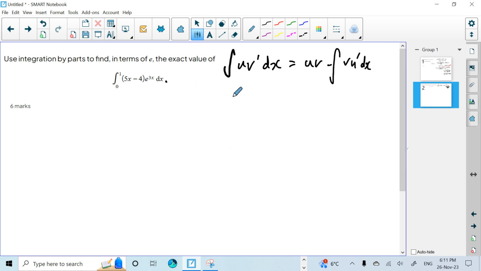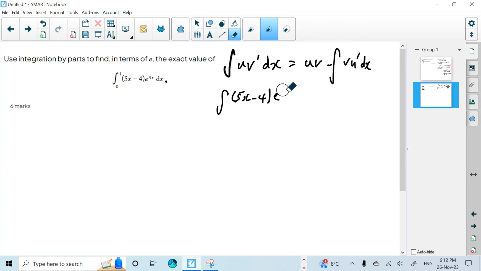Let's have a go at the maths. So we've got the integral of 5x minus 4 e to the 3x dx.